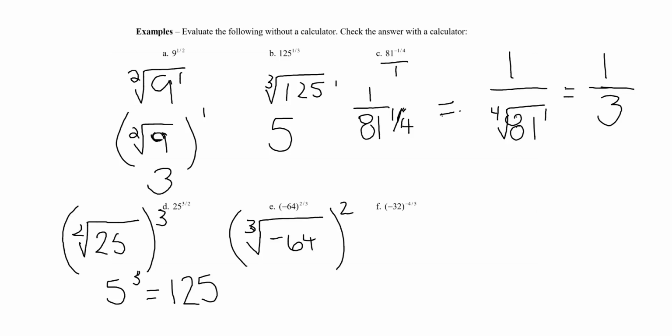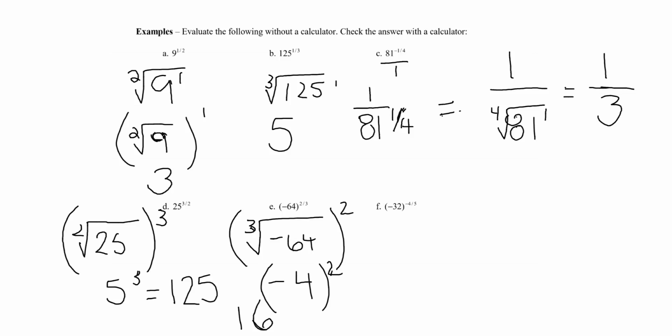The cubed root of negative 64 is a negative 4. And then we're going to square that. And negative 4 times negative 4 is 16. So that's my final answer.